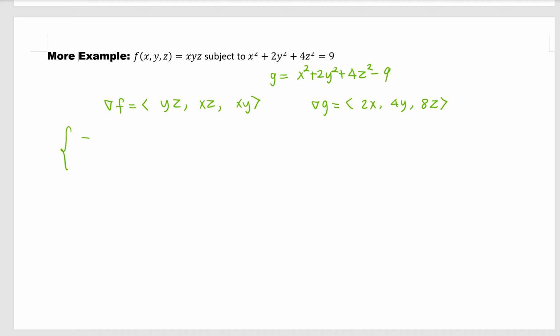Okay, so we want to have the Lagrange system, and G equals 0.